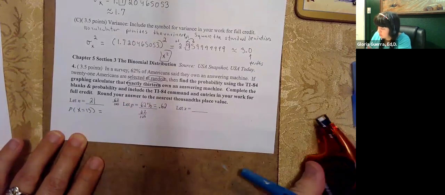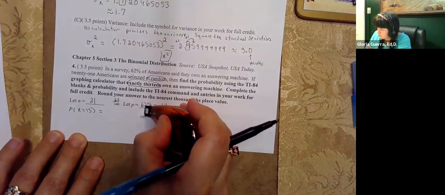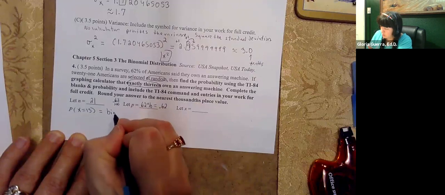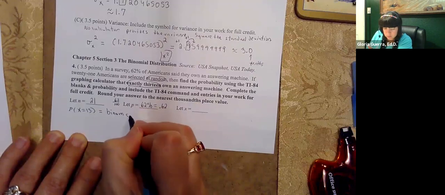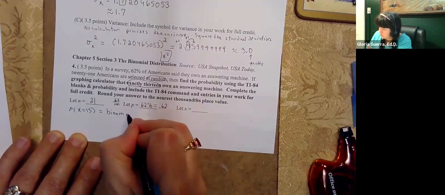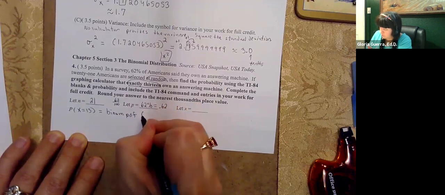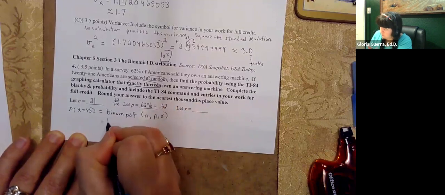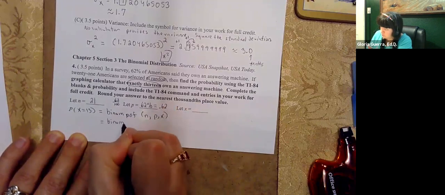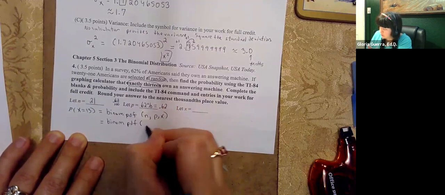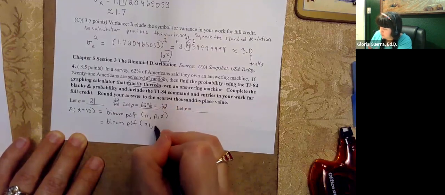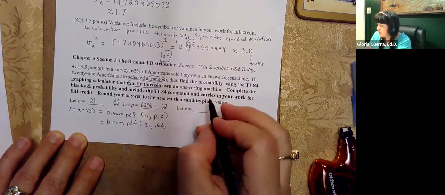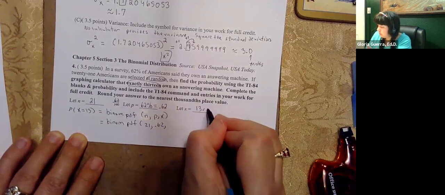So I have binomial PDF and px. And then you're going to substitute. n is 21, p is 0.62, and then x, remember, was exactly 13.